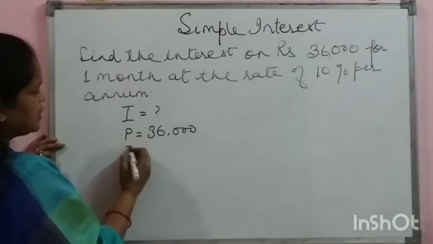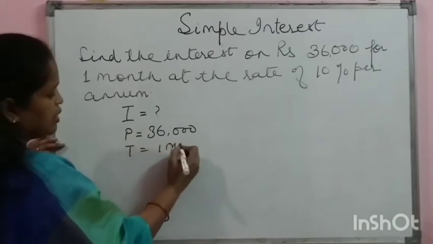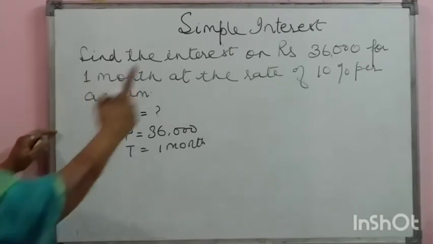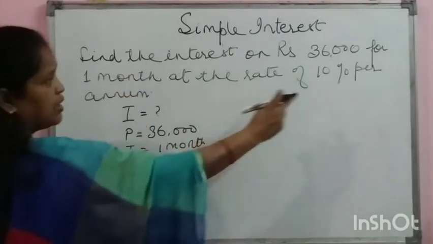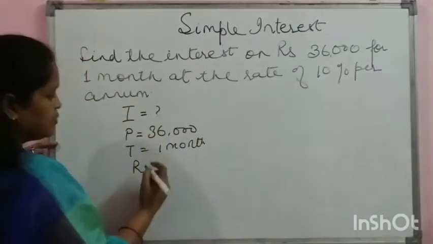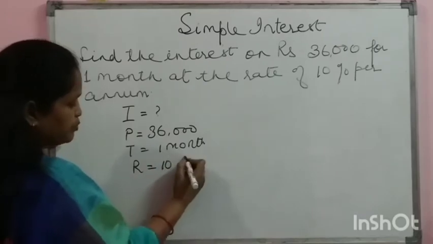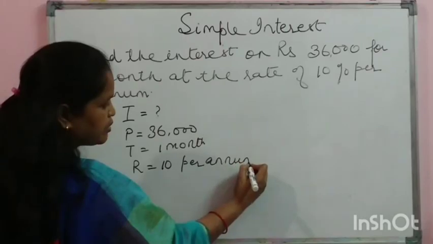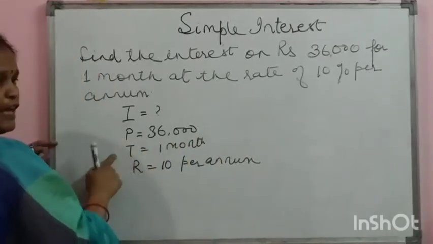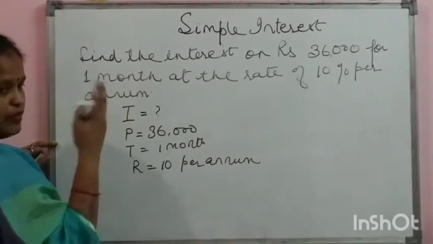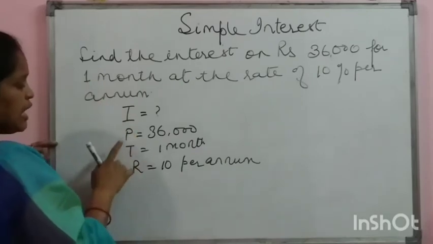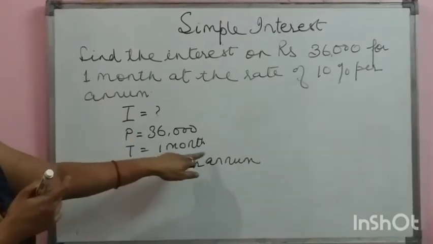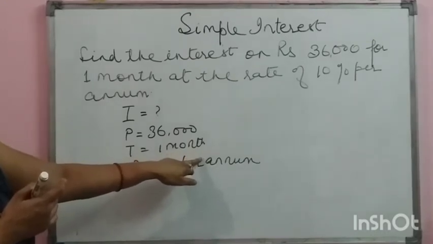Your time is 1 month. आप देखिए टाइम मंथ में दिया है, और आर जो है 10% पर एनम है. ठीक है, तो 10% पर एनम को हम पहले आर को भी मंथ में कर सकते हैं, या फिर हम टाइम को ईयर में कर सकते हैं. वी कैन डू बोथ वेज. If we can convert time 1 month into years, right?